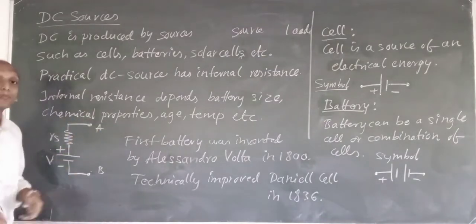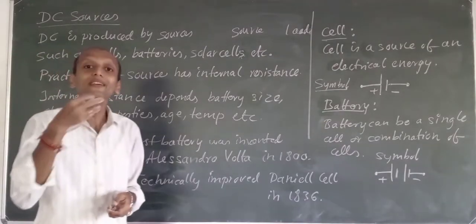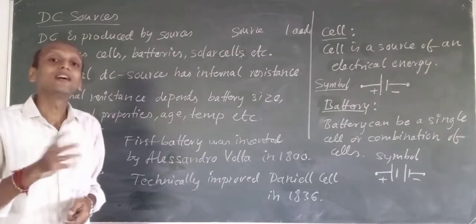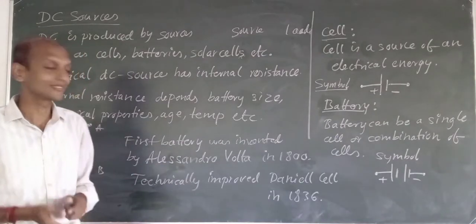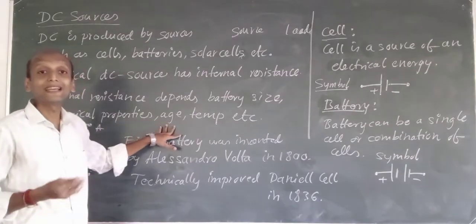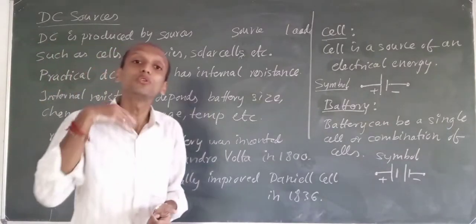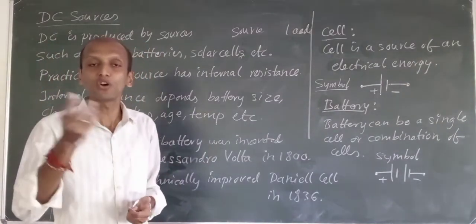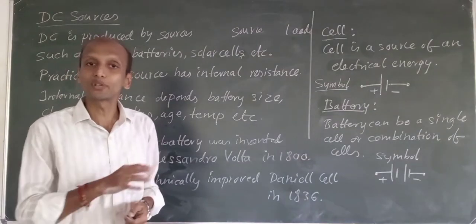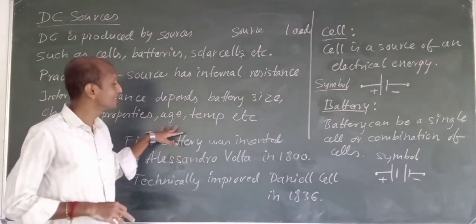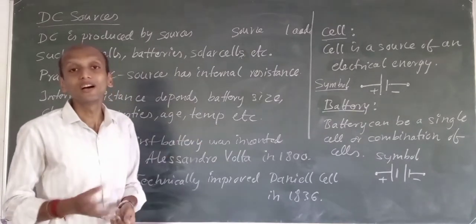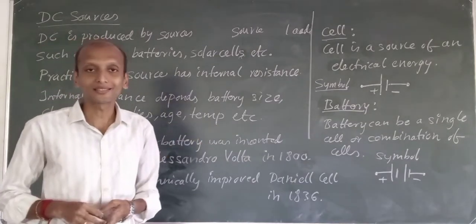Then the chemical properties in a battery, their variation, will make different internal resistances. Then there is aging: how old is your battery or the cell you are using? The internal resistance again varies depending on the age, and temperature also affects the internal resistance.